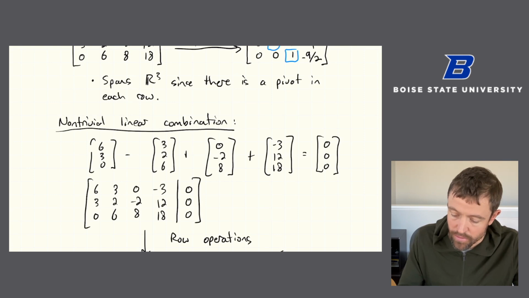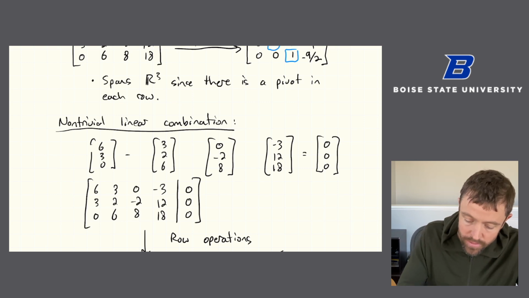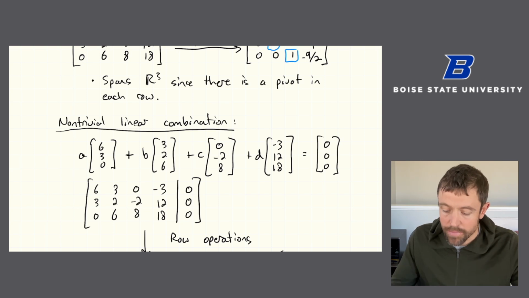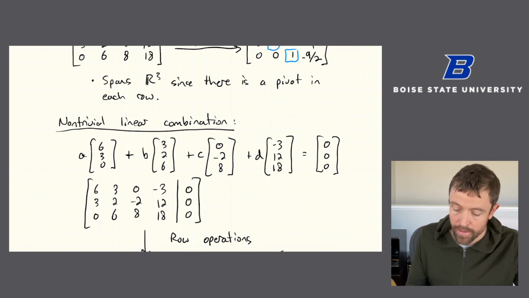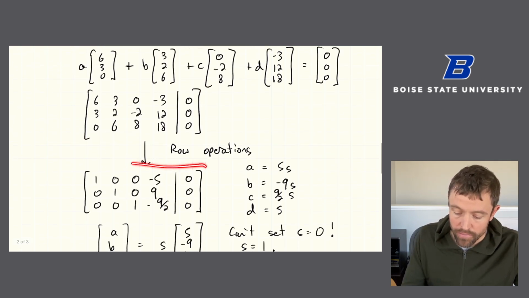I knew I shouldn't have erased those variables. It's always bad form to do, and it's for a good reason. So we set up this system, right? For these 4 vectors, we set up this system, turn it into an augmented matrix, do row operations, and get to echelon form.